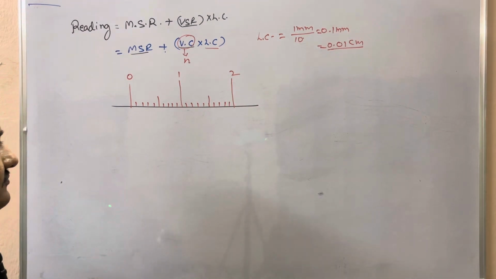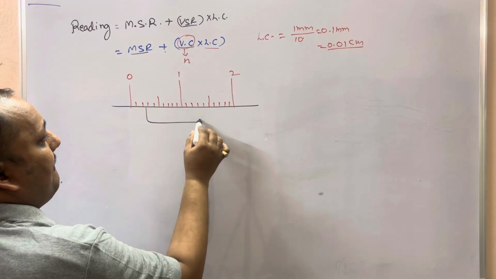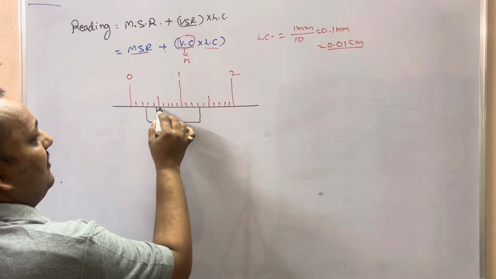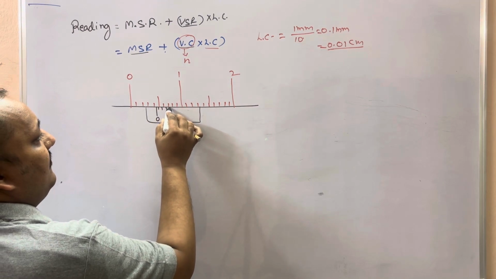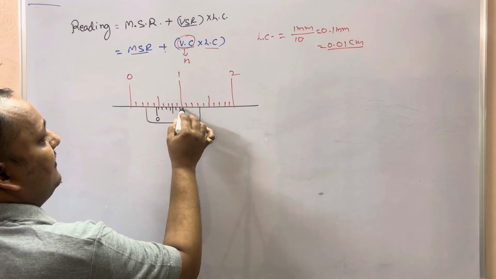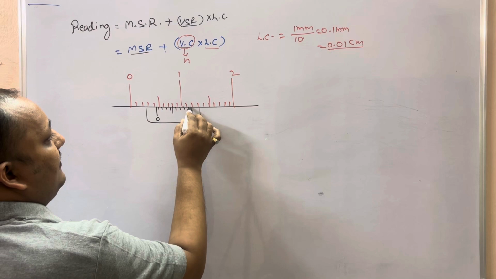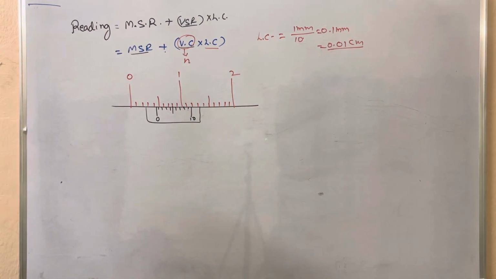Next, on the vernier scale, 0, 1, 2, 3, 4, 5, 6, 7, 8, 9, 10. Let us assume like this you can take.